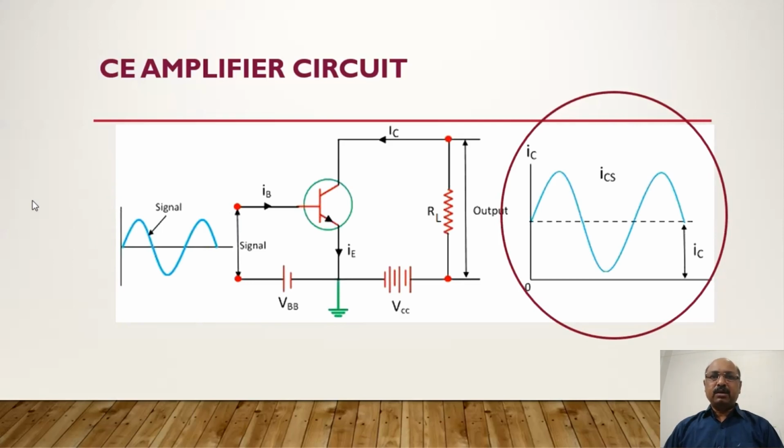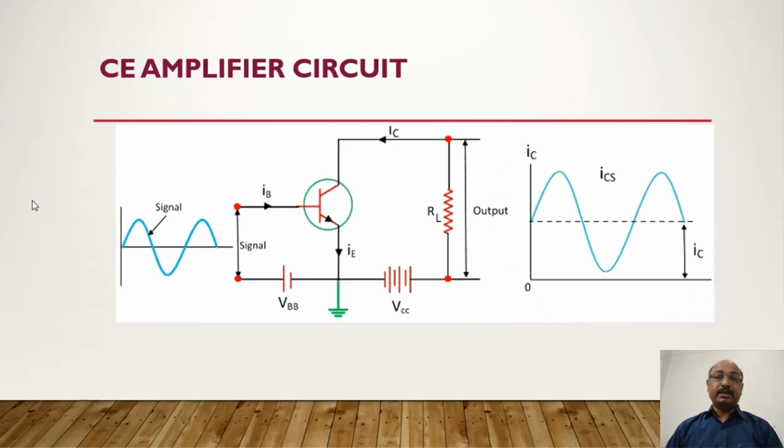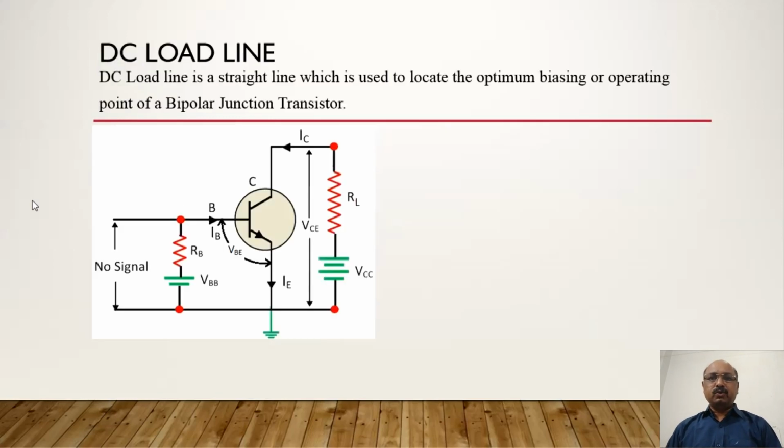But whether we will get the proper amplified output or not depends on how well the BJT is biased in the active region. So let us understand it through the DC load line and quiescent point of the CE amplifier circuit.